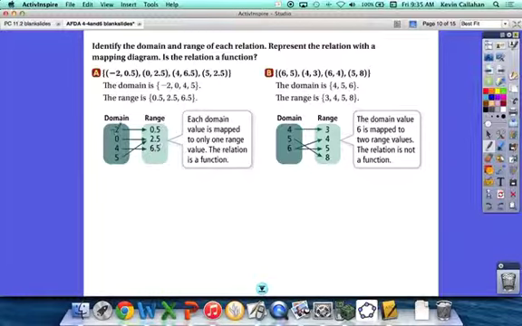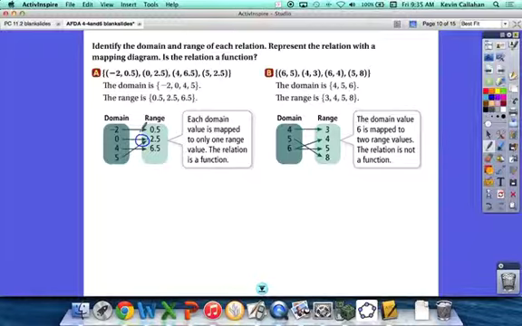So you can see -2 connects to 0.5, 0 connects to 2.5, 4 connects to 6.5, and 5 connects to 2.5, which already had one arrow going to it. So there are two arrows going to the same number in the range.